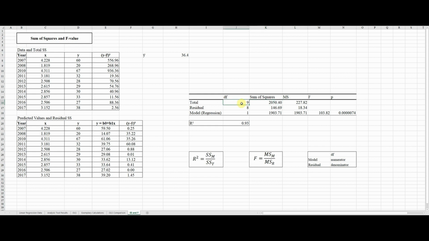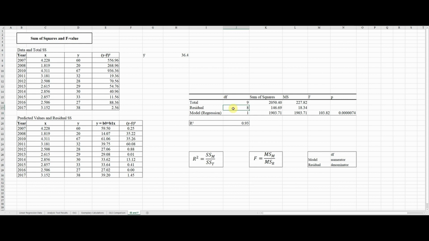So your degrees of freedom, the total, are your observations, your elements, so 10, we have observations from 10 years, minus 1. Then we have the degrees of freedom in your model. We have one predictor, which is GDP growth, right? So degrees of freedom is just one. It's just one parameter, right?